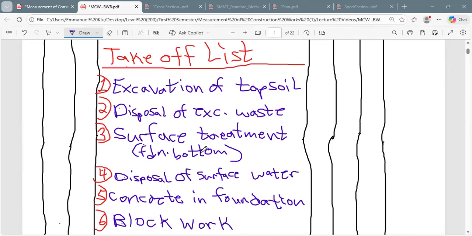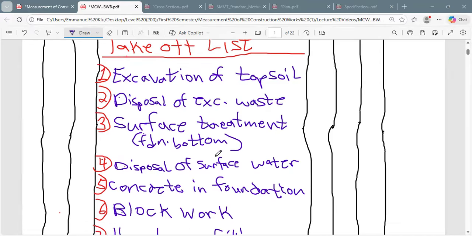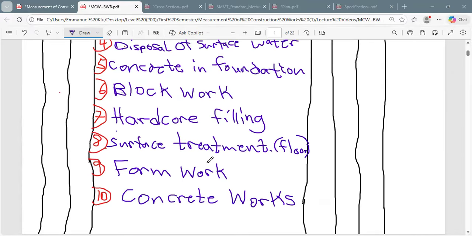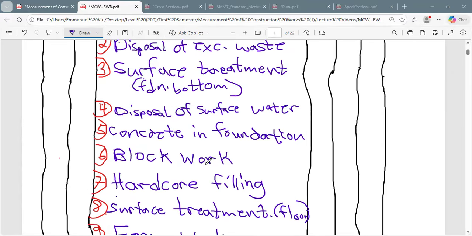But this one they said foundation works. It means it covers all. So bear in mind you can be asked to calculate any two of these, so that on the day of the exam, you wouldn't disgrace me.